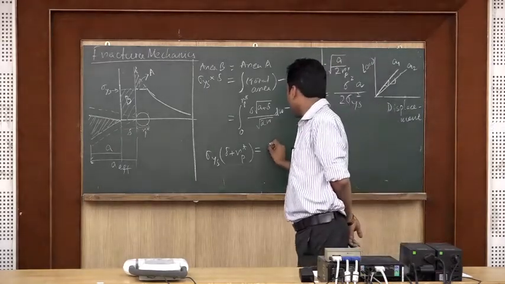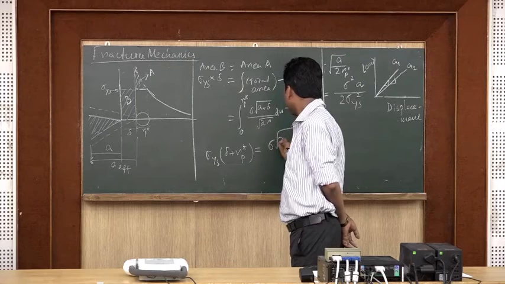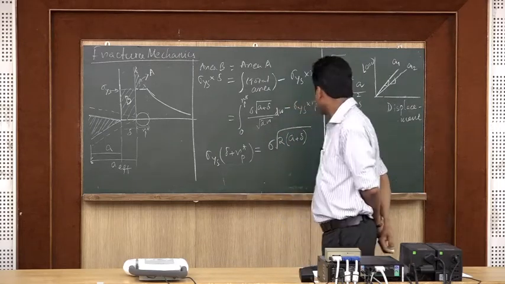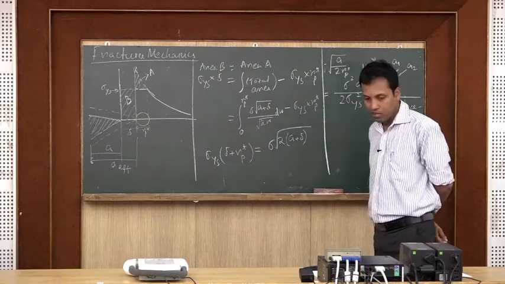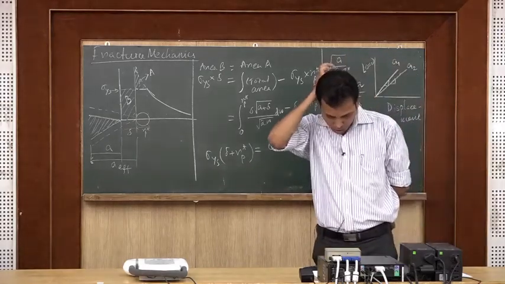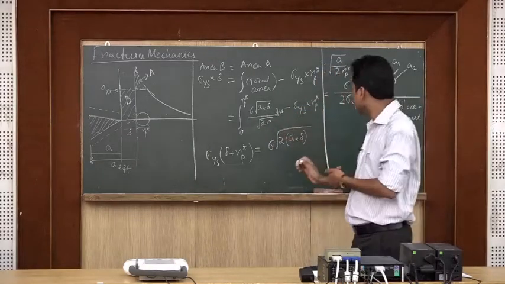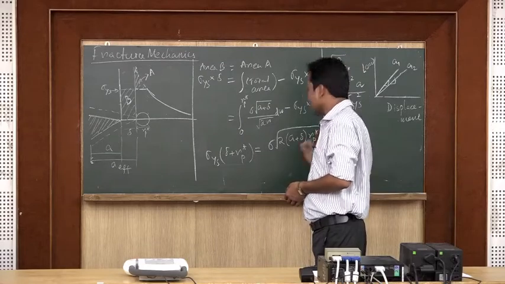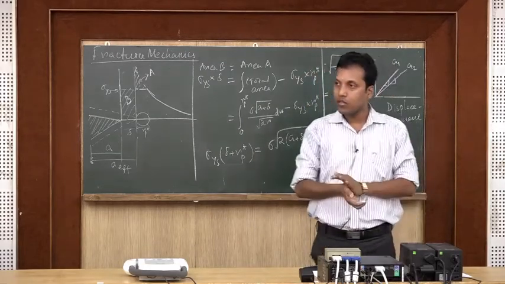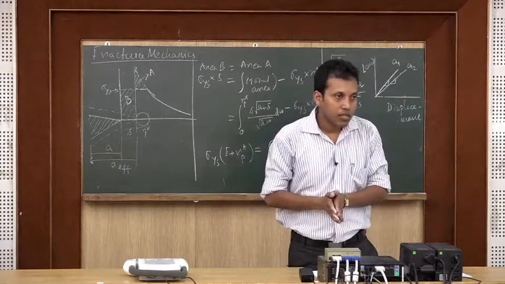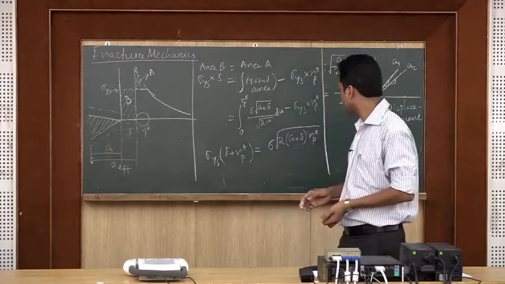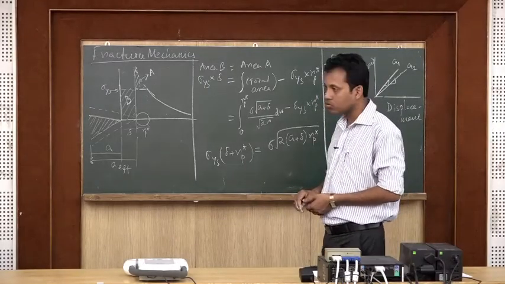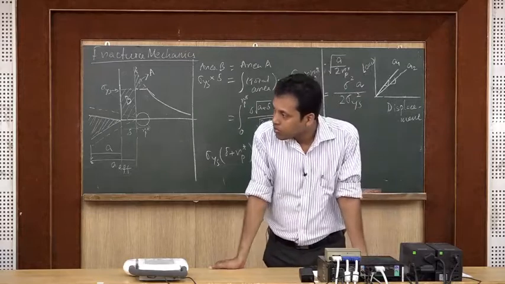So, it will be sigma root 2 a plus delta into Rp star, that will be the integration sigma root 2 r a plus delta into Rp star. Okay. Up to this try to follow. Yes.